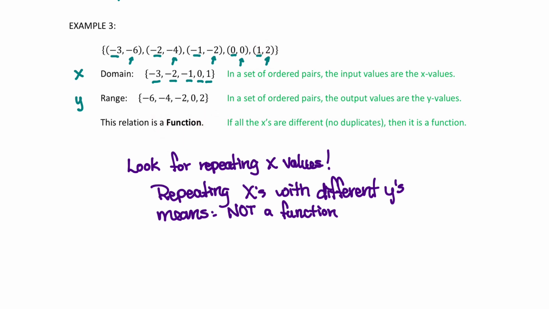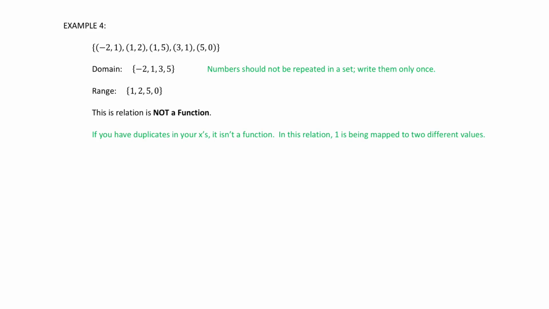Okay, this one. First of all, we write the domain and we write the range. So you take all your x values, 2, 1, 1, 3, 5. Remember, you do not duplicate elements. You just write it once. If it occurs twice, you only write it once. A range value here is 1, 2, 5, 1, 0.